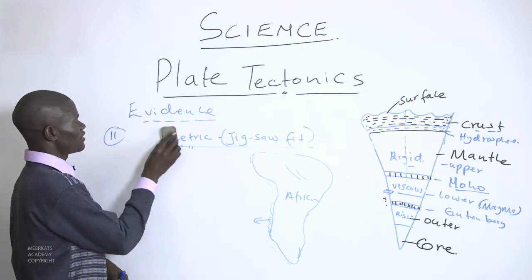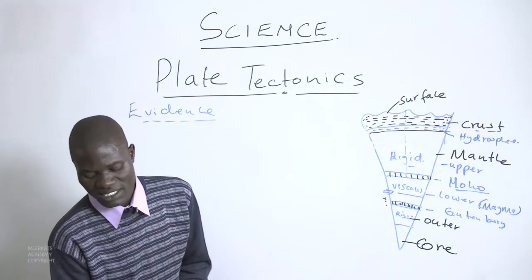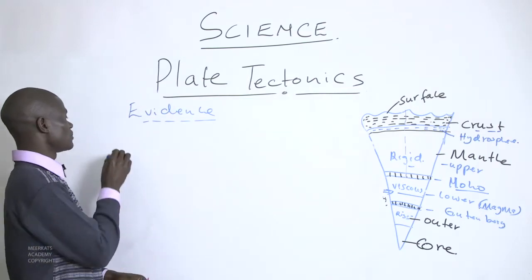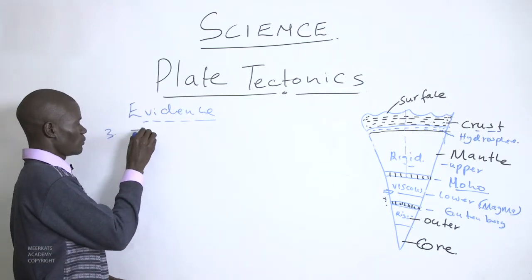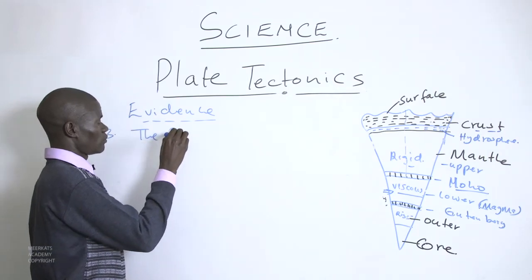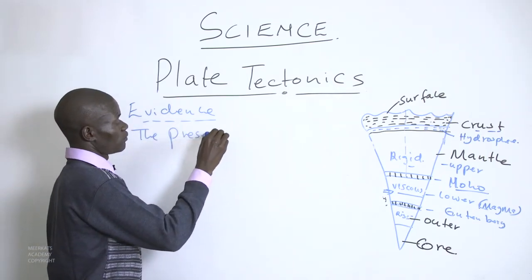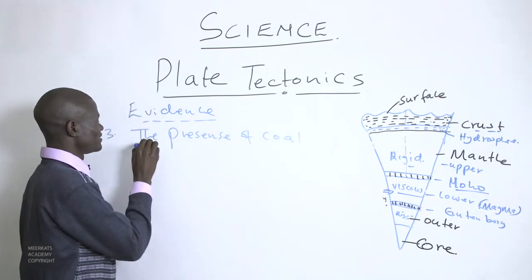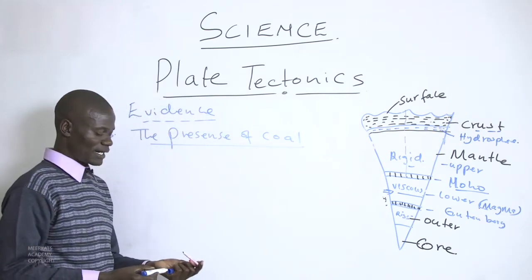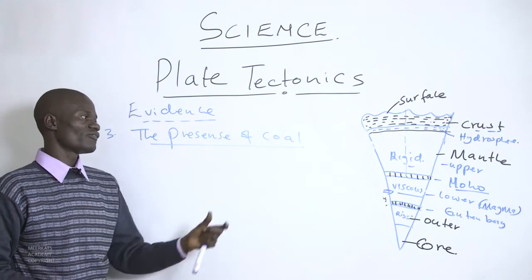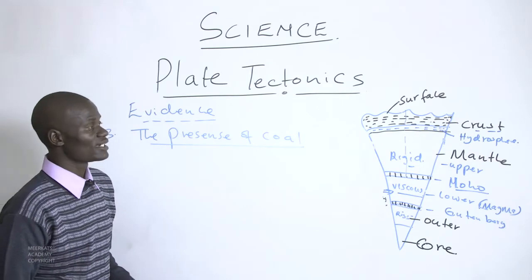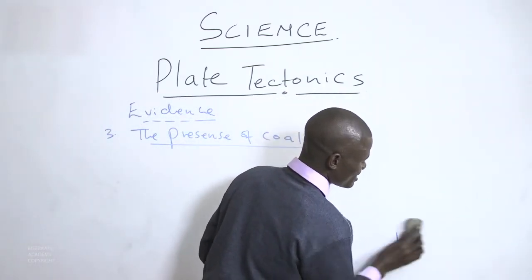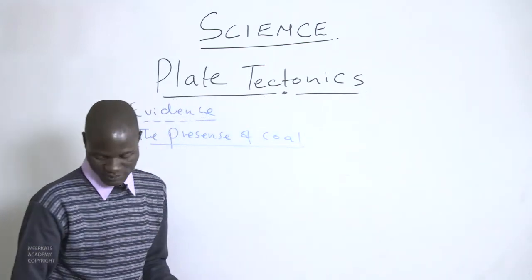Let's look at the third evidence. The third evidence is about the coal, the presence of coal. I hope now we have an idea of the formation of coal, since we had covered the formation of rocks, especially sedimentary rocks.